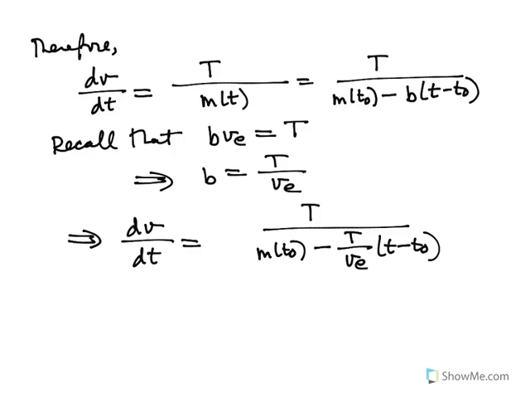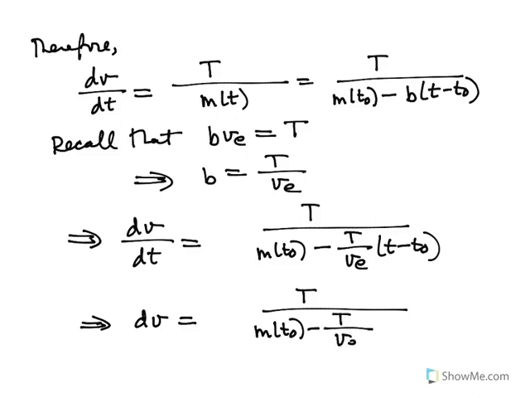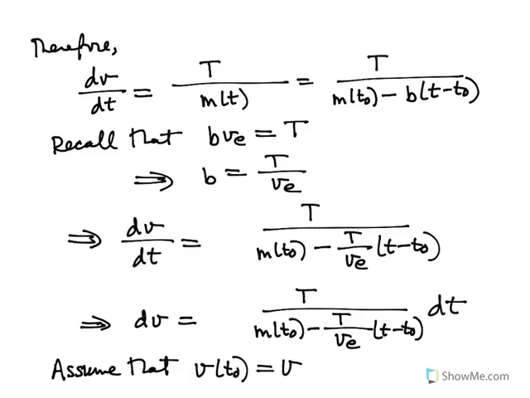So now, in separating variables, we get that dv is equal to T all divided by m of t0 minus T over v_E times (t minus t0) dt. So now, similar to the way we dealt with m of t0, assume that v of t0 is equal to v0. So we can integrate both sides.